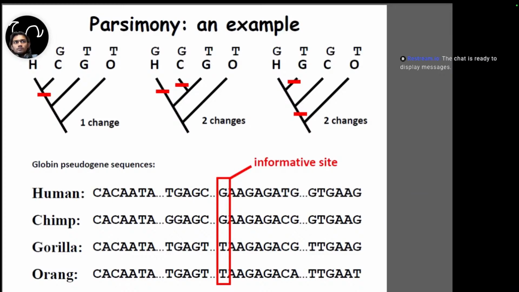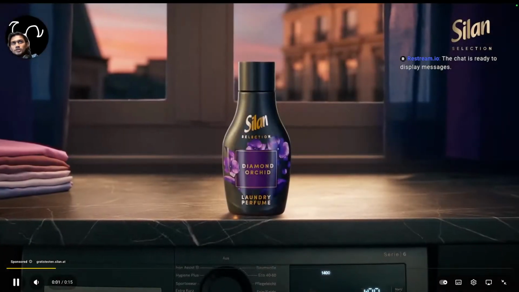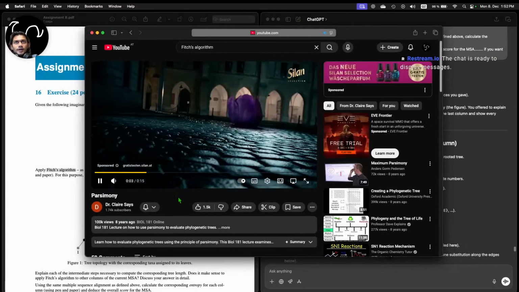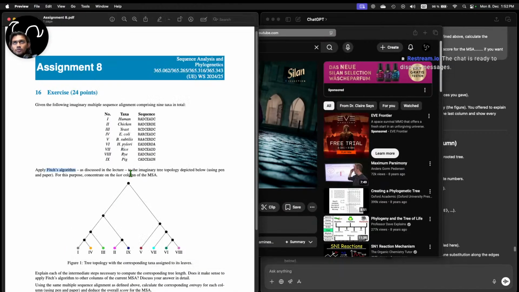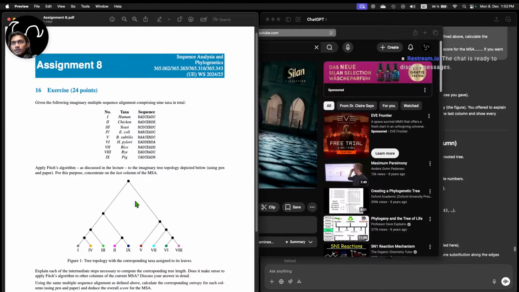Mm-hmm. Oh, that's it. Okay, I kinda understood, but how do I... Imaginary tree topology depicted below using pen and paper. For this purpose, concentrate on the last column of the MSA. What do you mean by MSA? Explain each of the intermediate steps necessary to compute the corresponding tree length.